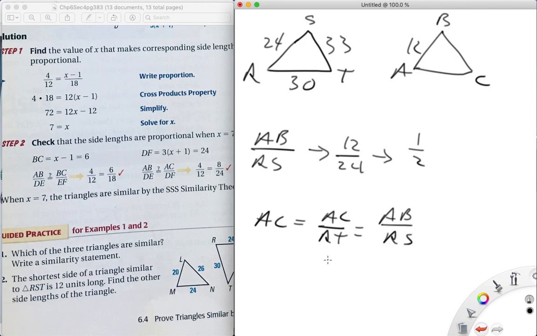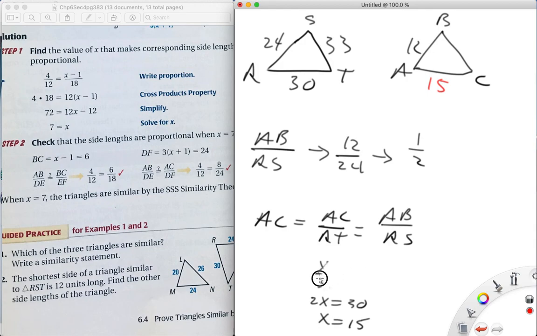So that's x over 30 is equal to 1/2. And then 2x equals 30, x equals 15. So basically I'm dividing it by 2. So this would be 15.